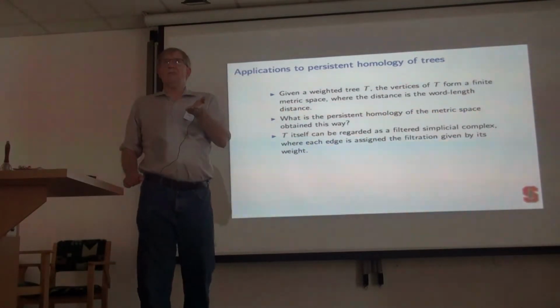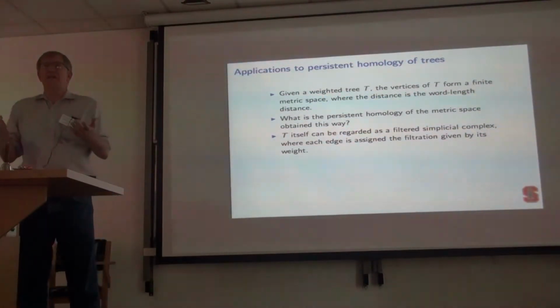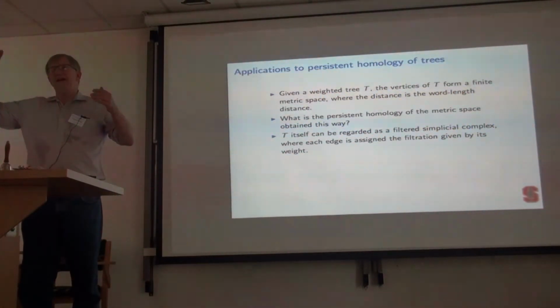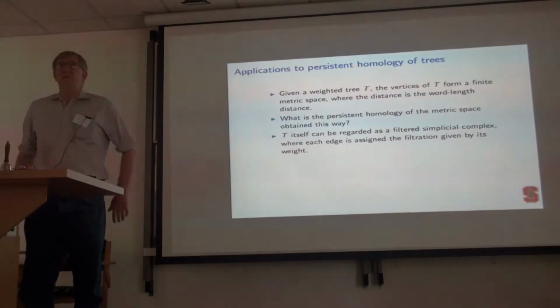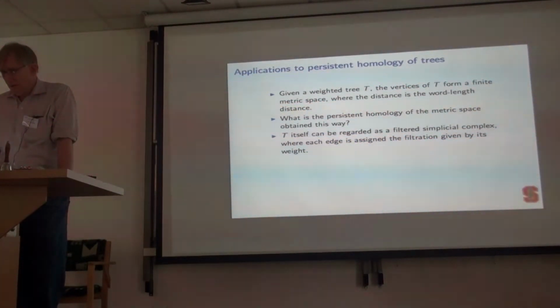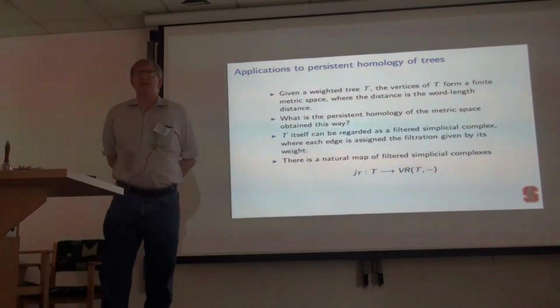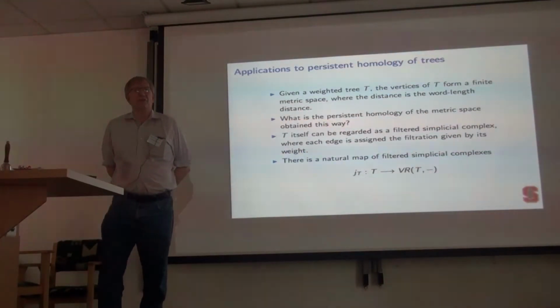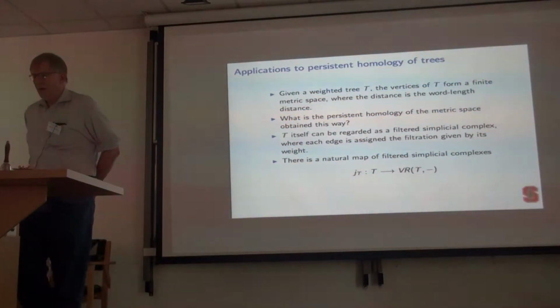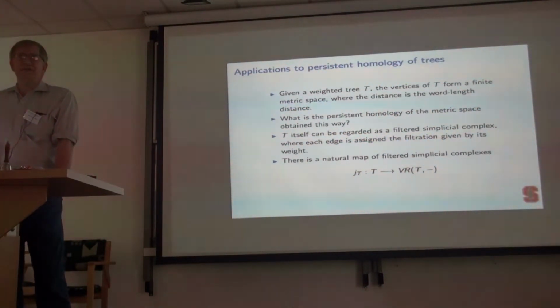Now, that persistent complex embeds inside the Vietoris-Rips complex, which is much bigger. The Vietoris-Rips complex is not by itself a tree. At the highest level of the parameter, it will be an enormous simplex, the simplex on the number of vertices in the tree. So there's a natural map of filtered simplicial complexes which takes T into the Vietoris-Rips complex on T. Because when an edge gets included, that pair of points has distance less than or equal to the threshold, and so it will be included as a simplex in the Vietoris-Rips complex.